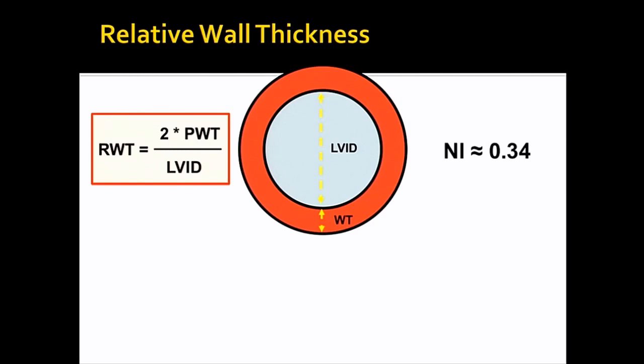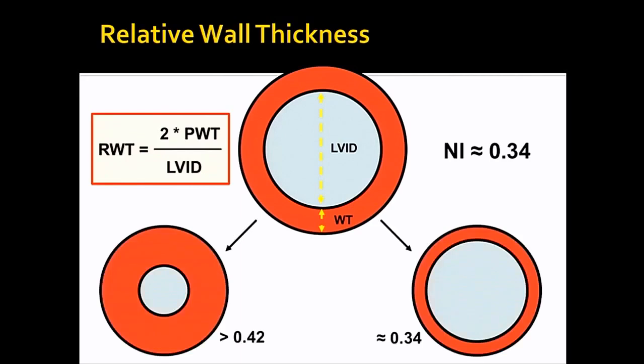I do caution you, though, in cases of disproportionate upper septal thickening or asymmetric septal hypertrophy, that a very, very thick septum may not really give you an overall idea when added to the posterior wall thickness. It may lead to overestimation of the relative wall thickness, but you will see that we are shifting slowly to IVS plus posterior wall thickness divided by left ventricular internal diameter.